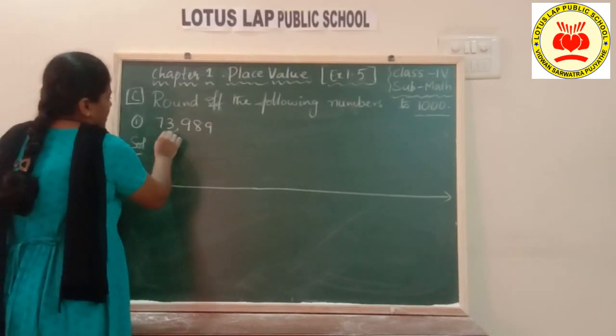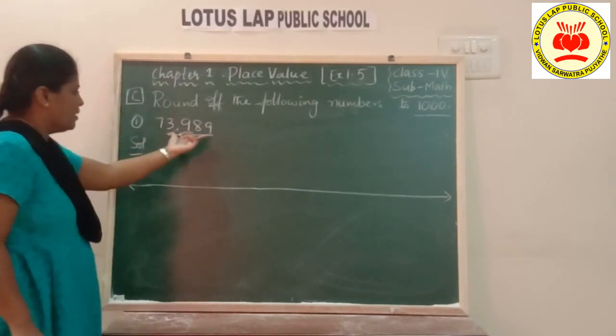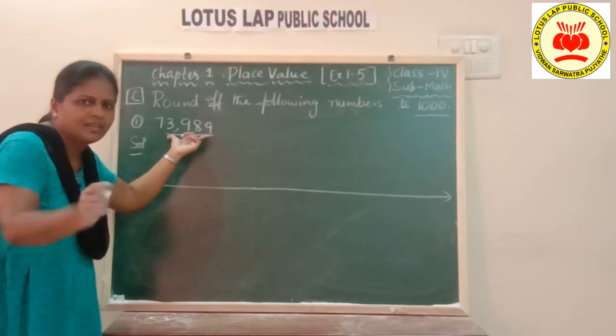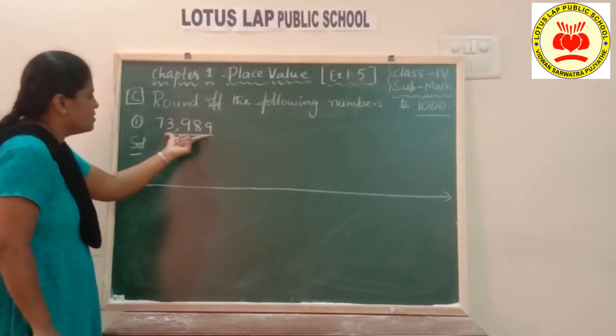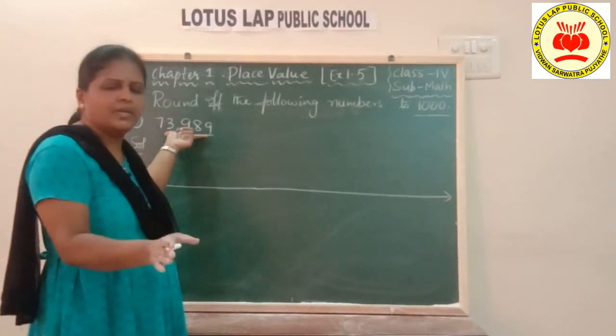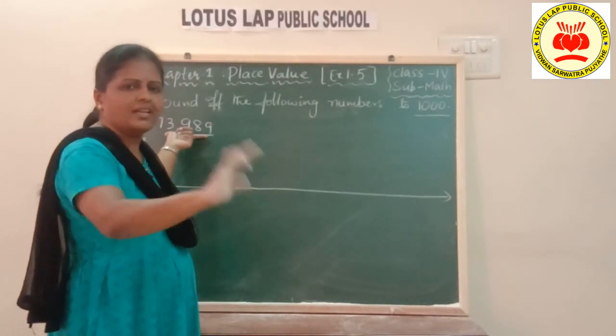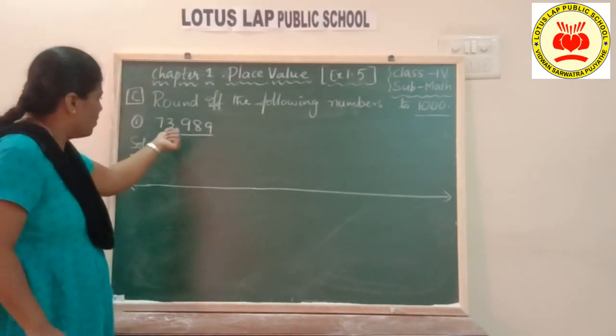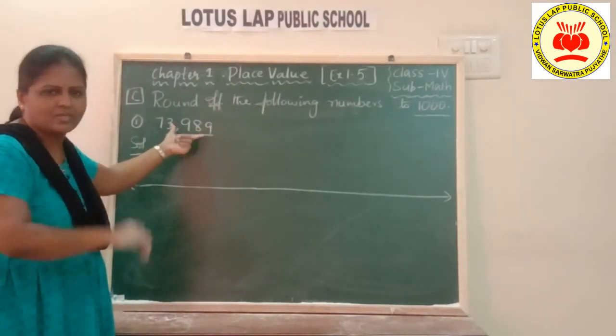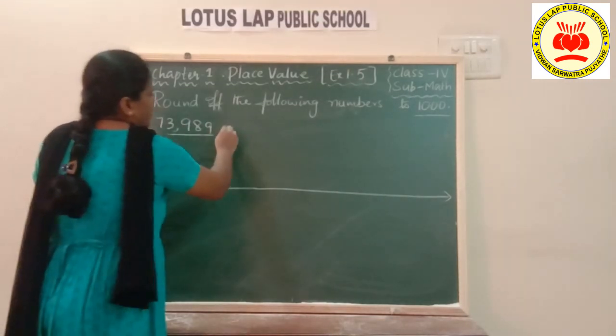Take the number from the thousands place: 3,989 lies between which two thousands? It lies between 3,000 and 4,000. It is more than 3,000 and less than 4,000.